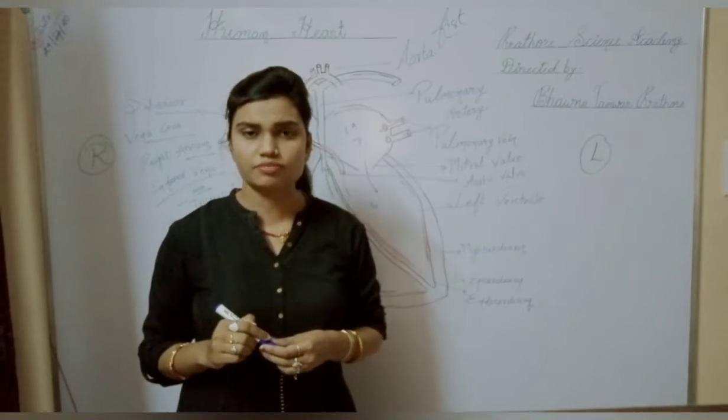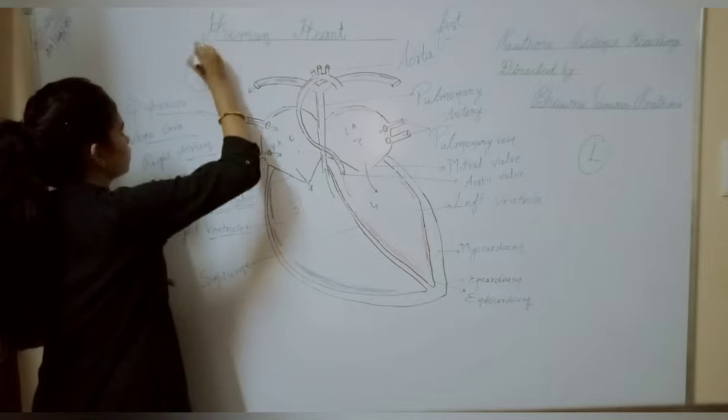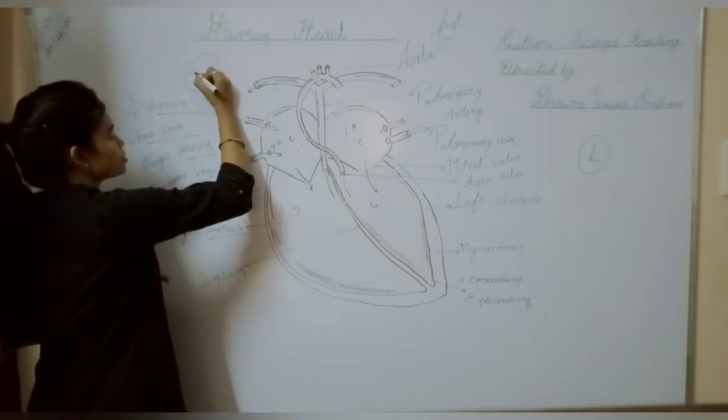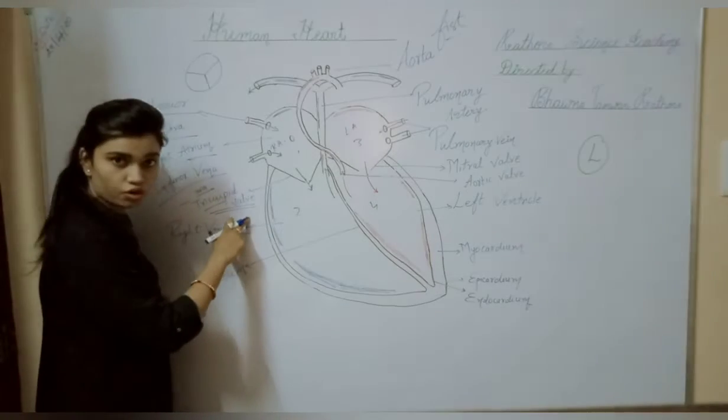Why do we call them tricuspid? See, the structure of these walls is like this: 1, 2, 3. Three cups are found, so we call them the tricuspid wall.